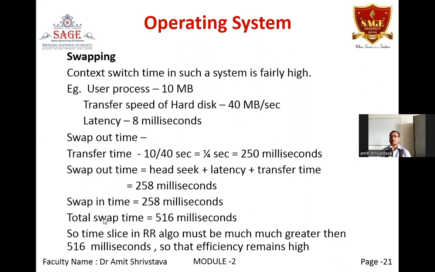If we are using the round robin algorithm, then the time slice should be much greater than 516 milliseconds, so as to effectively maintain this particular process.